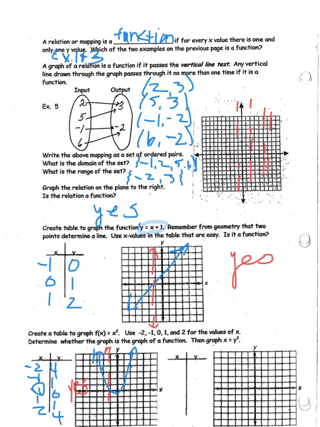Here we want to graph x equals y squared. So this time we're going to put y values of -2, -1, 0, 1, and 2. Sometimes it makes sense to substitute for y. Y is squared. That will give us solutions for x this time. And we'll plot these points.